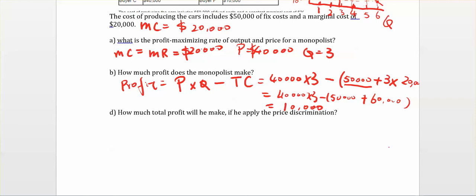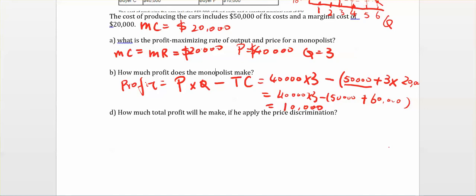So the last question asks, how much total profit will he make if he applies price discrimination? First, you need to know that in order to apply price discrimination, the firm needs to have market power. The monopoly has absolute 100% market power, so it can apply price discrimination, which means it will charge consumers differently based on their willingness to pay.